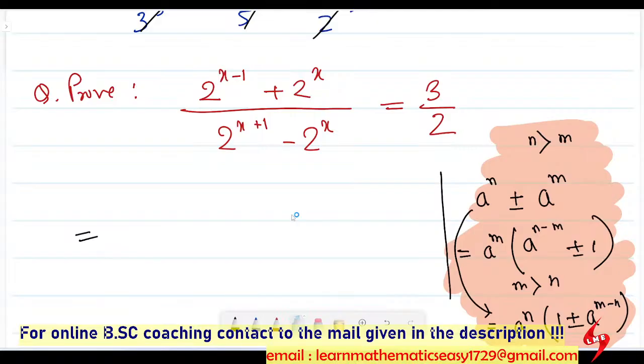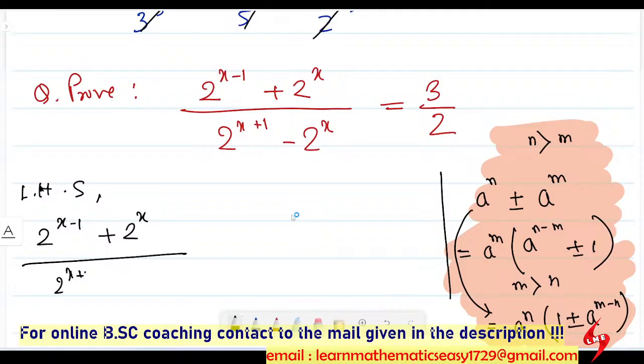So here, from the upper portion, this is my left hand side: (2^(x-1) + 2^x) / (2^(x+1) - 2^x). In the numerator, 2 to the power x is greater than 2 to the power x minus 1.